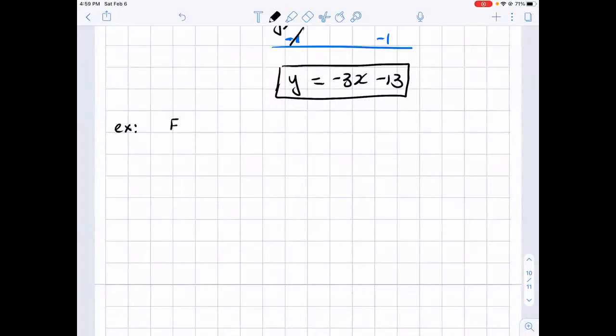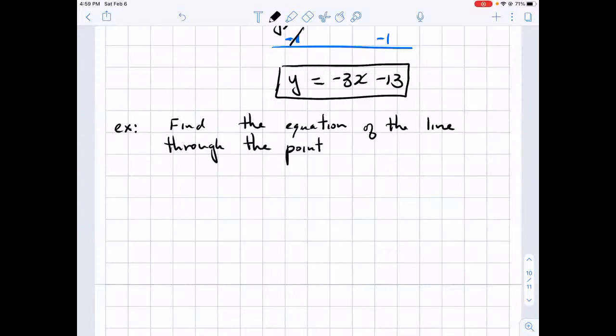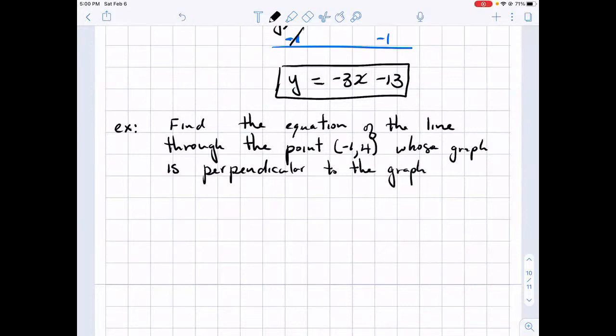Find the equation of the line through the point whose graph is perpendicular to the graph 2x minus y equals negative 3.